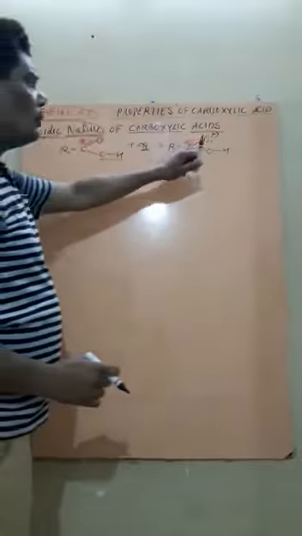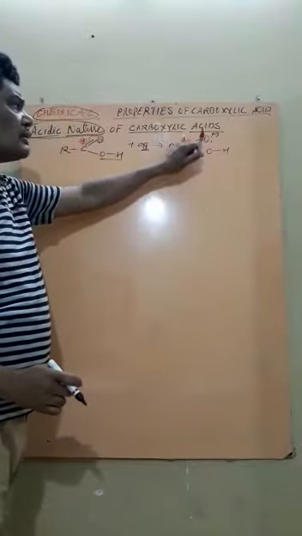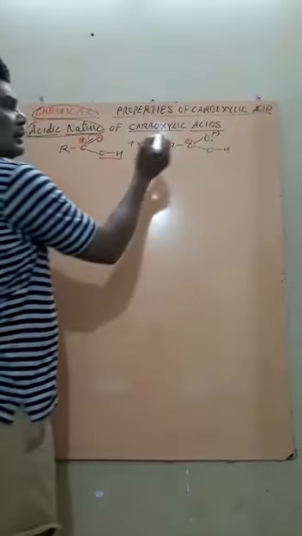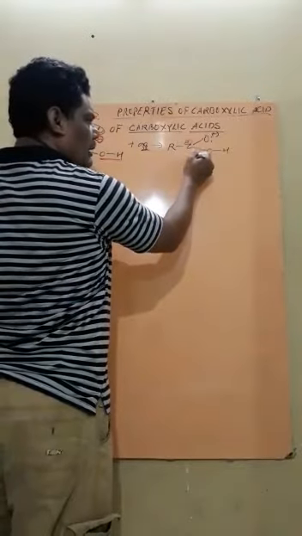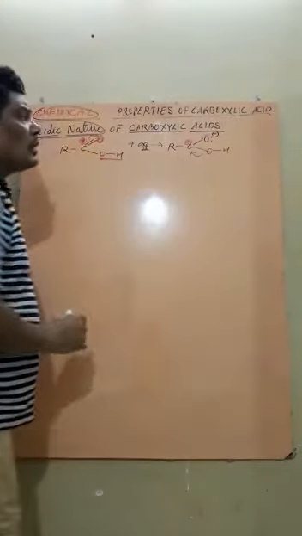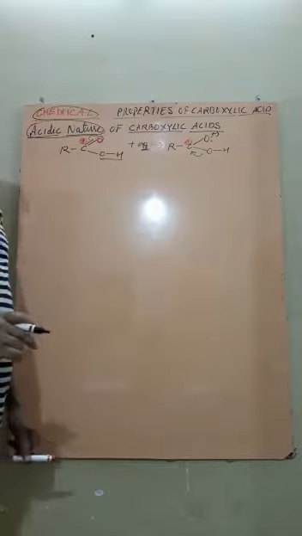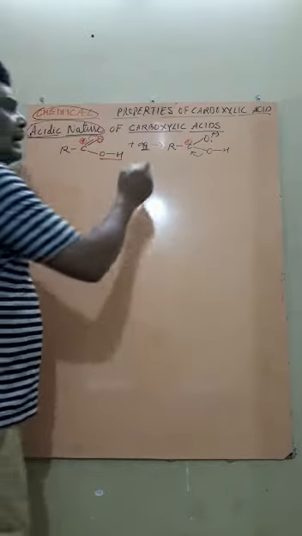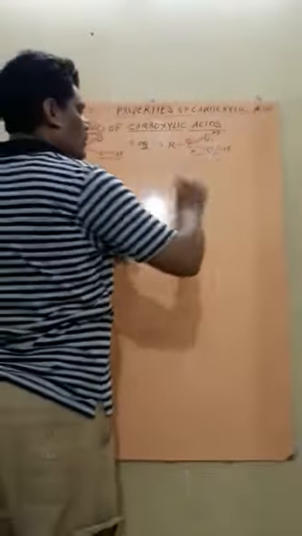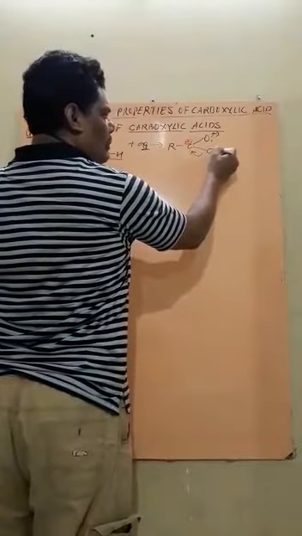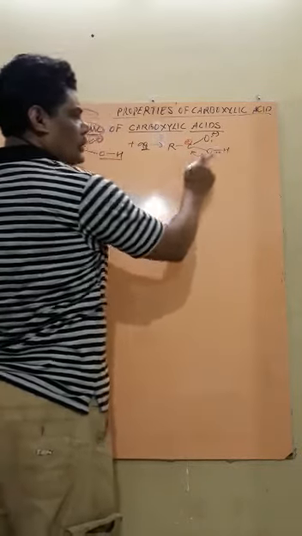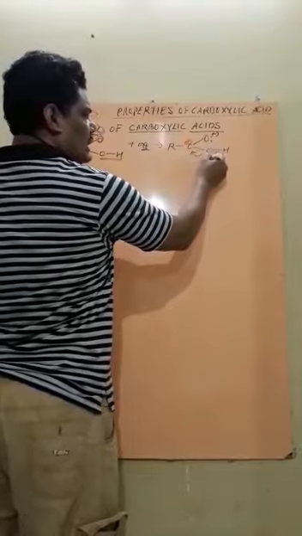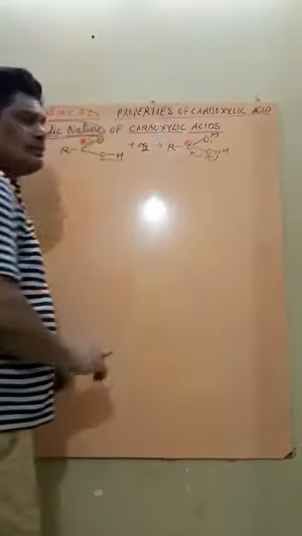Now, due to deficiency of electron on the carbon atom, the shifting of electron pair takes place towards the carbon atom. Are you getting? And therefore the O will become electron deficient, so the OH bond pair is getting shifted towards the oxygen atom.